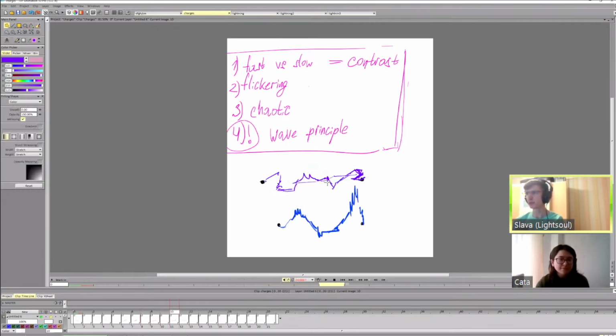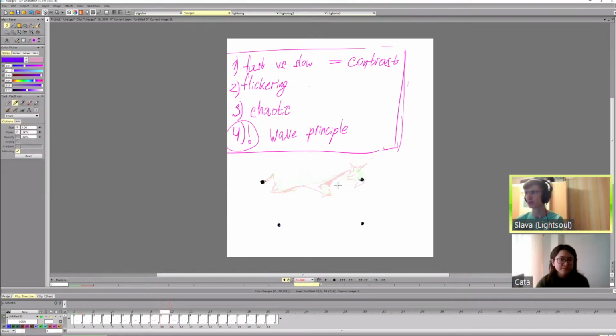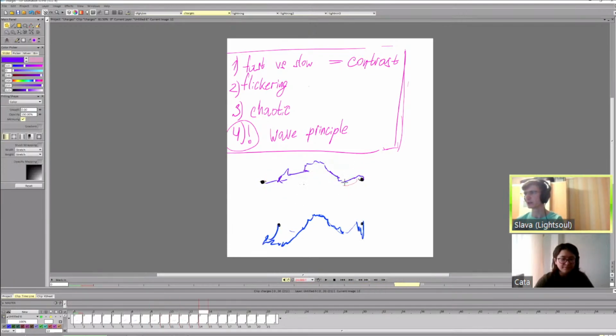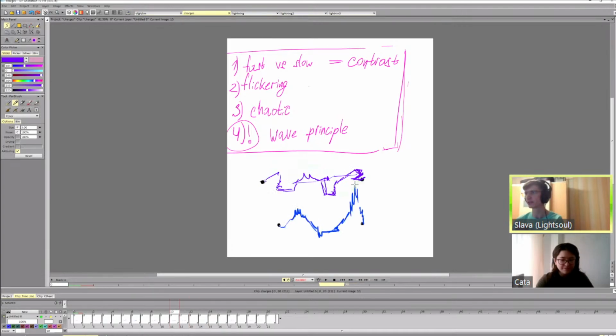So to keep it more interesting, we can keep some forms going the same way they were going, so going down a bit, and keep some forms going up as we previously animated. And this will make the effect feel less forced and more flexible and natural.